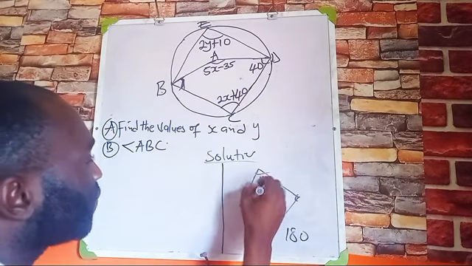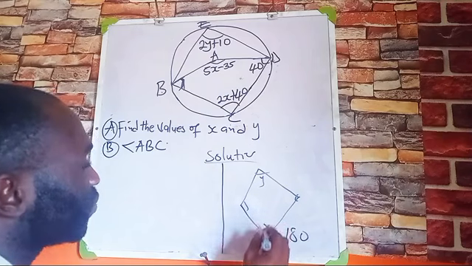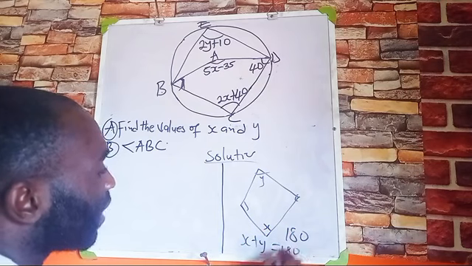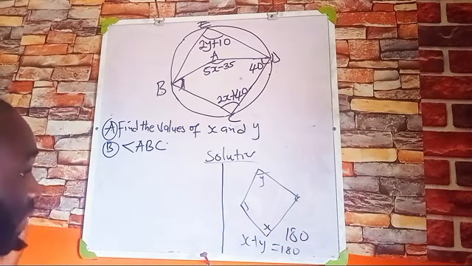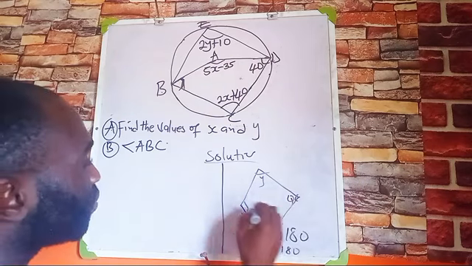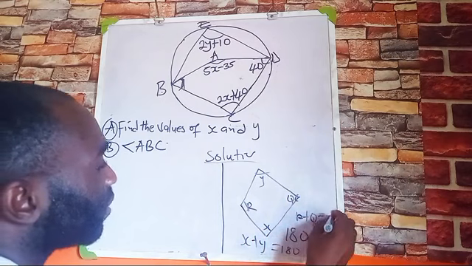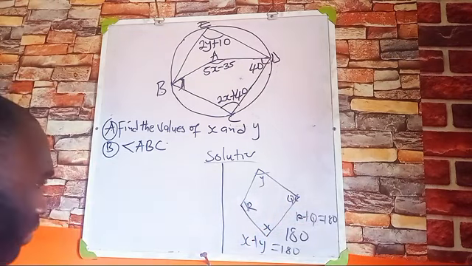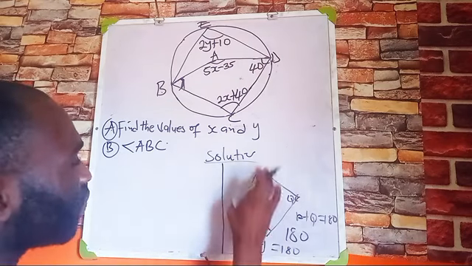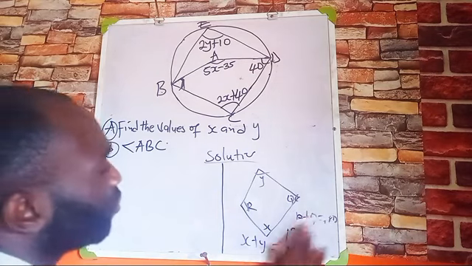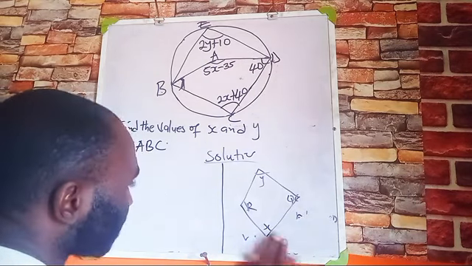That is, if here is y and here is x, when you sum x plus y, you have 180. And assuming here is q and here is r, when you sum r plus q, it will give you 180. So the opposite angles of a quadrilateral give 180 when you sum them.